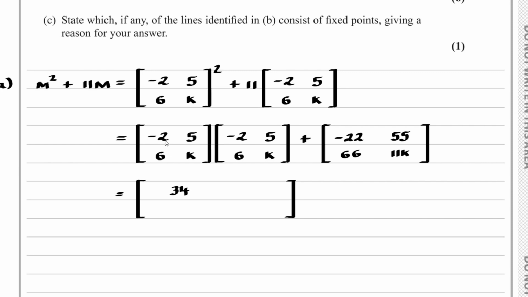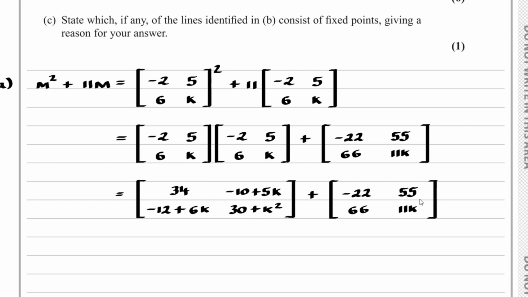Then we have −2 times 5 plus 5 times k, which is −10 + 5k. Then we have 6 multiplied by −2 plus k multiplied by 6, which is −12 + 6k. Then we have 6 multiplied by 5 plus k multiplied by k, which is 30 + k². And then we add on to this (−22, 55; 66, 11k).